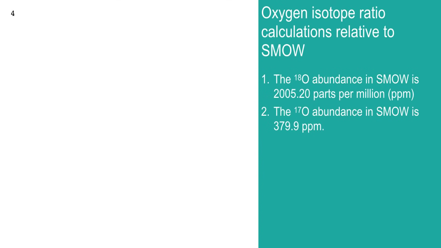And if you were up on Mars and you did SMMI, you might come up with slightly different ratios. You might get 2004.3 for oxygen 18 and 384.7 for oxygen 17. It's going to be close, but it might not be exactly the same. Matter of fact, I bet somebody at NASA actually knows the answer to that.